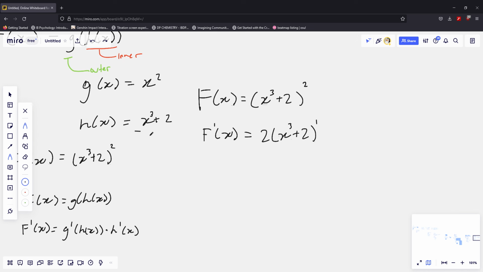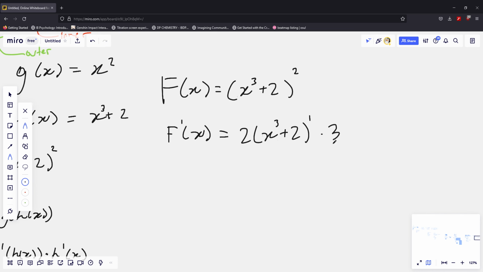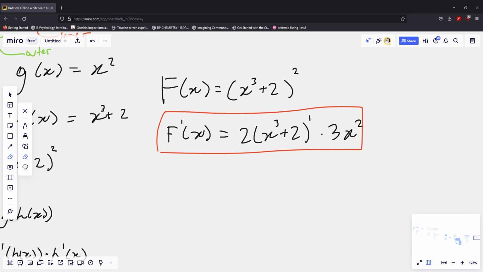The inner function is this, and I'm sure lots of you already know, this will be 3x squared. So, again, using the chain rule, we've differentiated a function. Just like that. We can get rid of the little 1 here, that's not necessary. That will be the derivative of our function, and of course, if you wanted to, you could take an extra step and write this as 6x squared times x cubed plus 2.